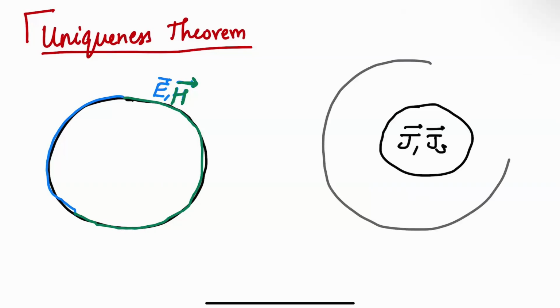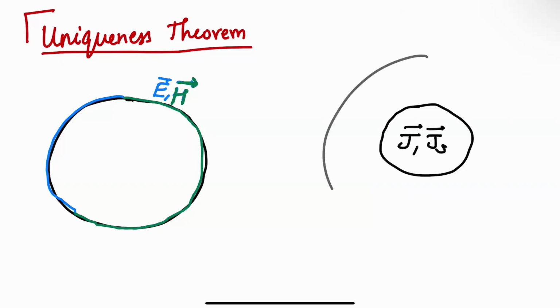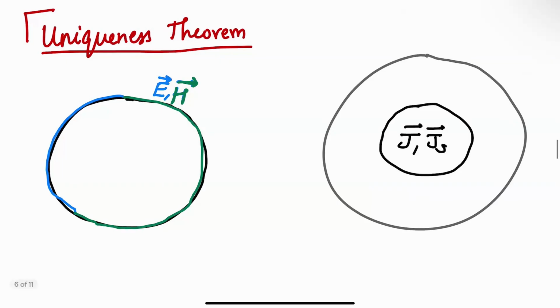This is another volume outside. Since we need to know only one of them, we don't need to know both E and H, I'll just say that I know E on the outer surface of the inner volume, which is this surface. And I know E on the inner surface of the outer boundary.